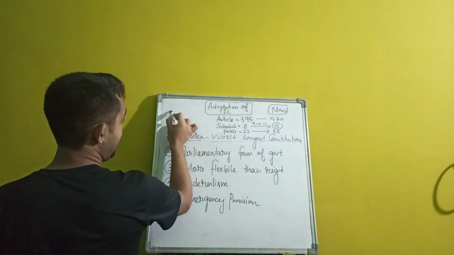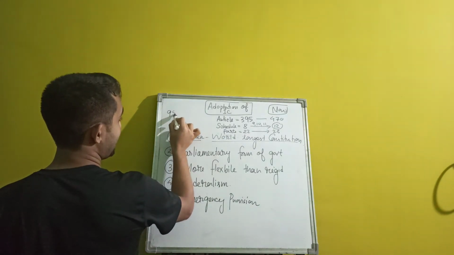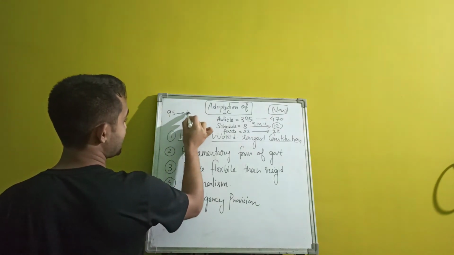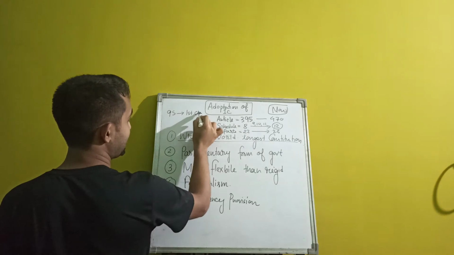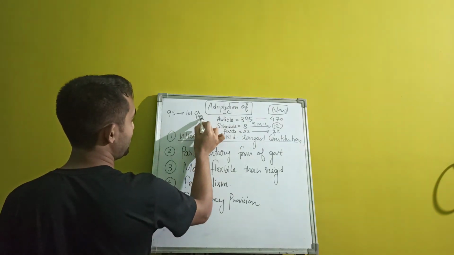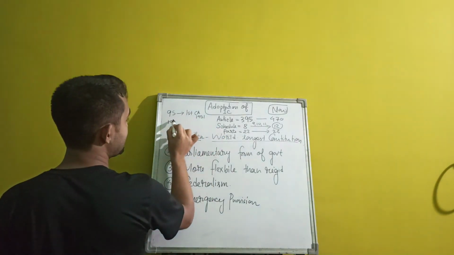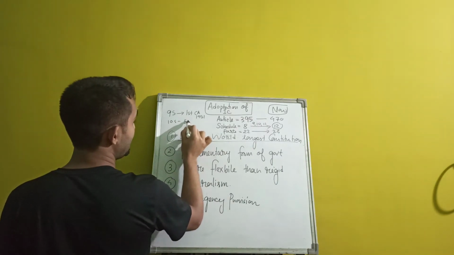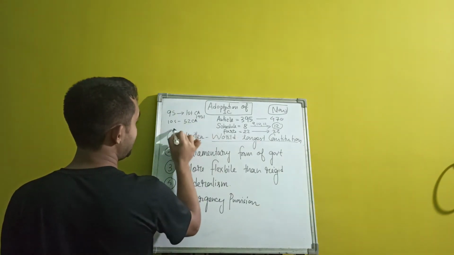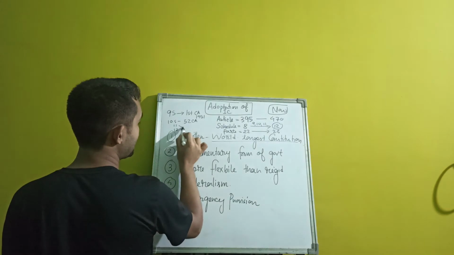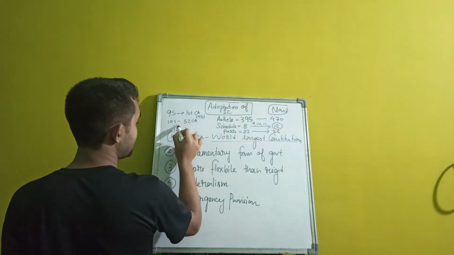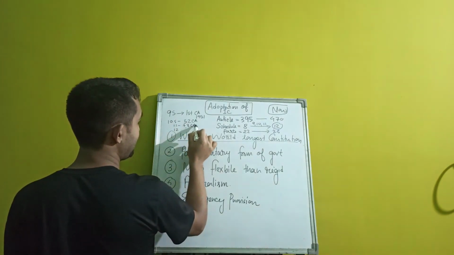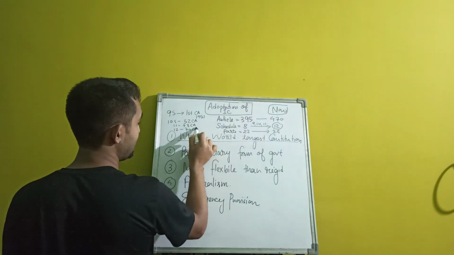So 9 schedule is added through first constitutional amendment, that is took place in 1951. 10 schedule is added through 52 constitutional amendment. 11 and 12 added through 73rd constitutional amendment and 74th constitutional amendment.